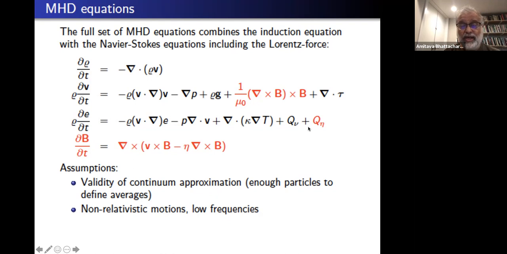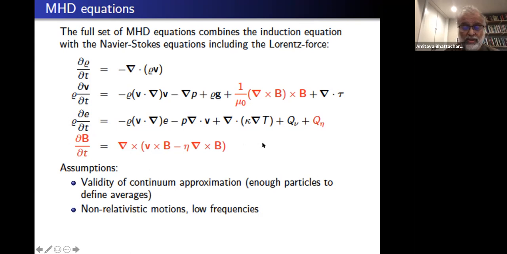And on the right-hand side, you have transport terms like the thermal conduction, viscous dissipation, ohmic dissipation. And last but not least is the Ohm's law, which you've already seen Dana talk about, which has a resistivity term. Now, if you look at a text in plasma physics, you will find that there are, in fact, additional terms in this Ohm's law.